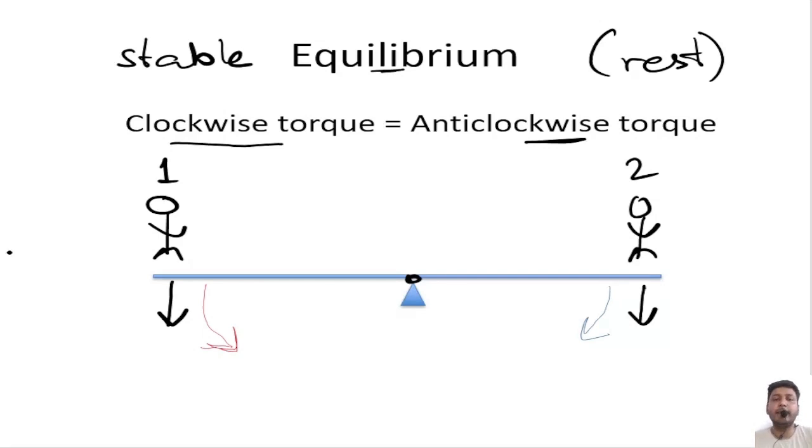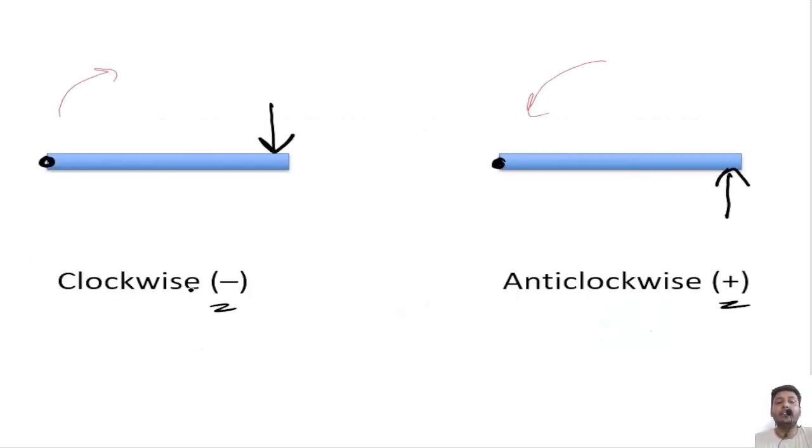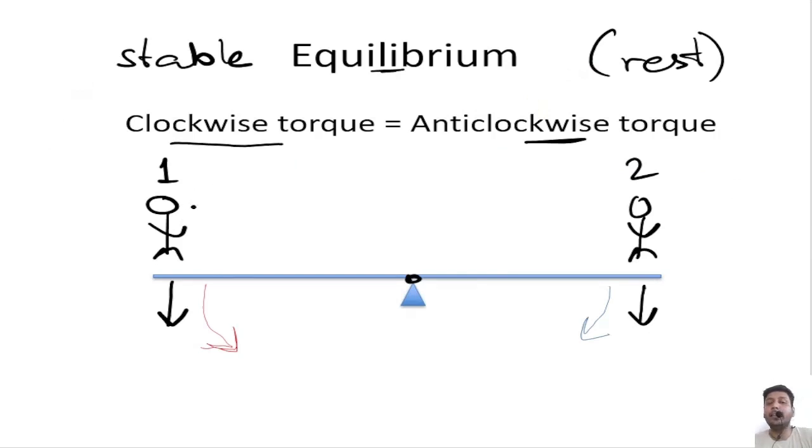We also say that the condition for stable equilibrium is that the algebraic sum of the torque should be equal to zero. What does this mean? Just now we have seen that clockwise torque is taken as negative and anti-clockwise torque is taken as positive. So let's come back here again.